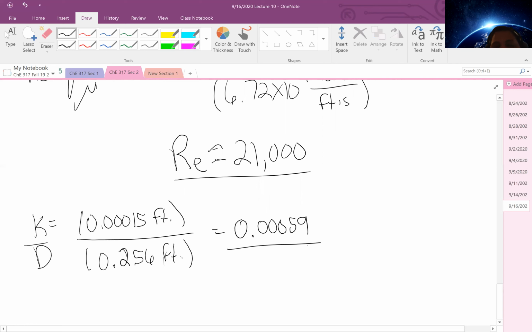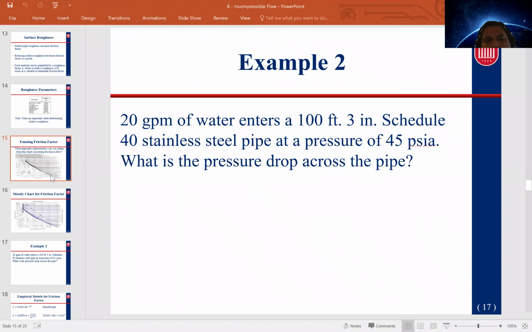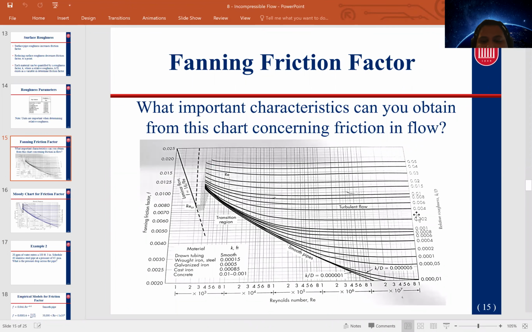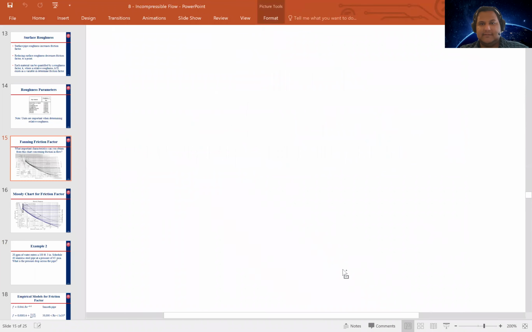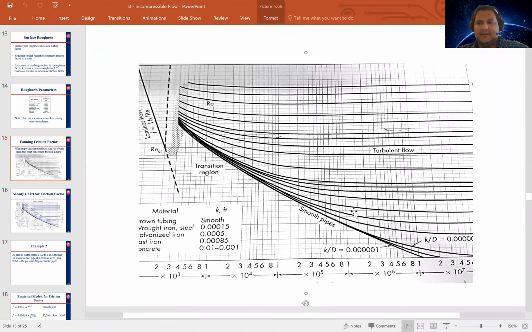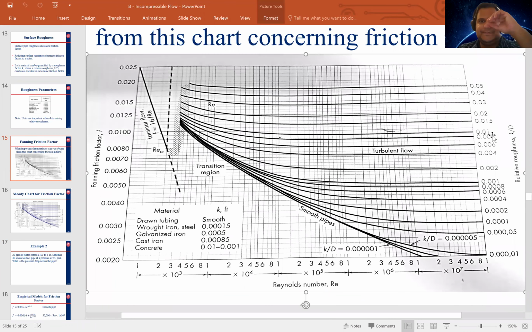So now we have our Reynolds and our relative roughness. So if we jump over to our figure, what would you say would be the Fanning friction factor for this problem? And here I can zoom in for you guys a little bit, provided my computer doesn't get mad at me for it.